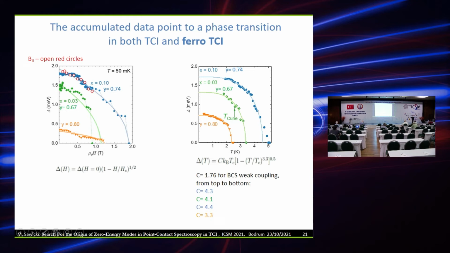They follow it very nicely, and I must say they don't care whether the system is ferromagnetic or paramagnetic. They simply follow this trend. There is one weak point, I would call it: the prefactor, which should be below 2 for BCS weak coupling, is of the order of 4 in our samples. So it's not exactly BCS, but it is very similar.